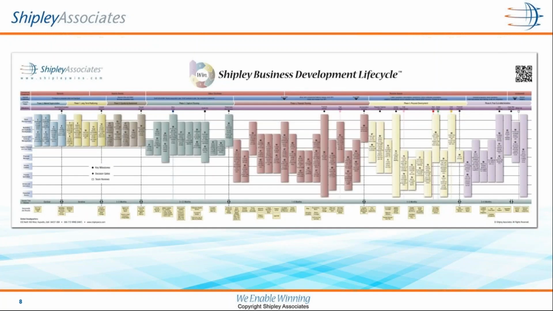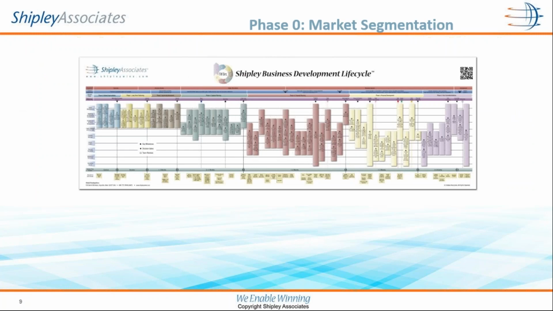So this is something many of you probably are familiar with. This is a framework that Shipley established years ago based on industry best practice and standards. And I know you can't read it, but we're going to show you where you can find it on the website. There are 7 phases built into this life cycle. And again, it is completely up to you and up to us to tailor this to our environment, to make it our own.